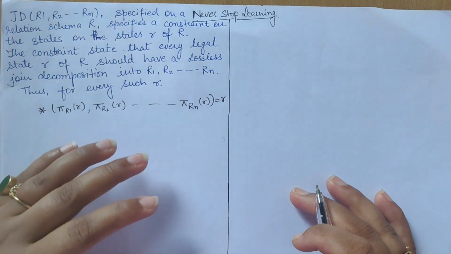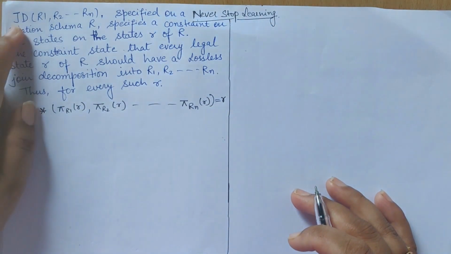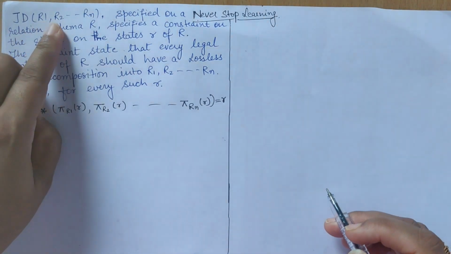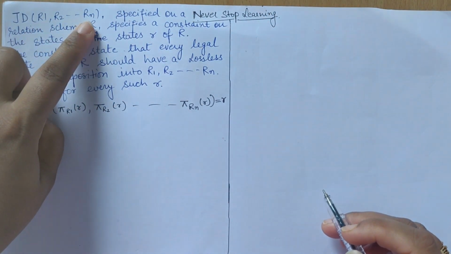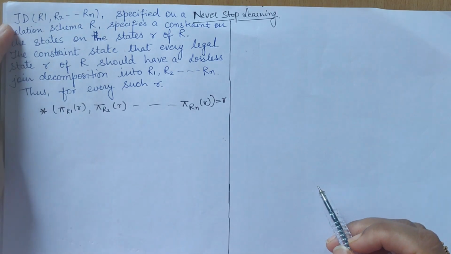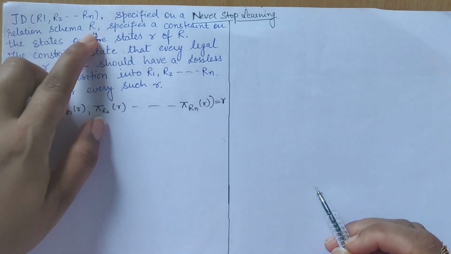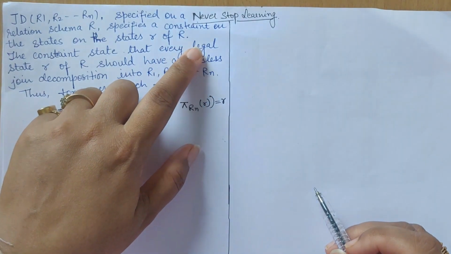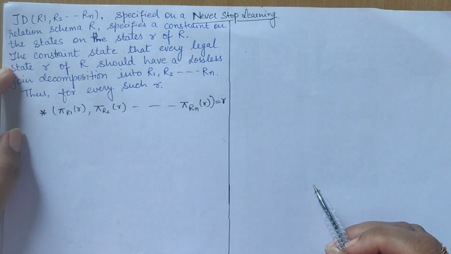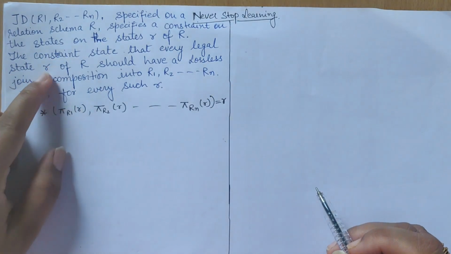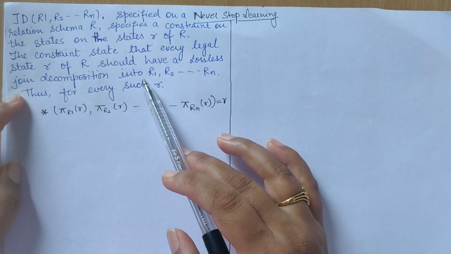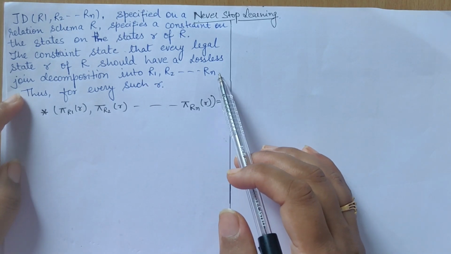So let's see the definition according to the book. Joint dependency is denoted by JD. So if we are having decomposed relations R1, R2 till Rn, a joint dependency specified on a relation schema R specifies a constraint on the states small r of R. The constraint states that every legal state small r of R should have a lossless join decomposition into R1, R2 till Rn.